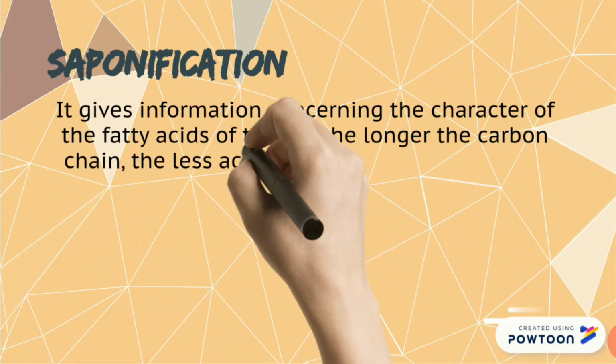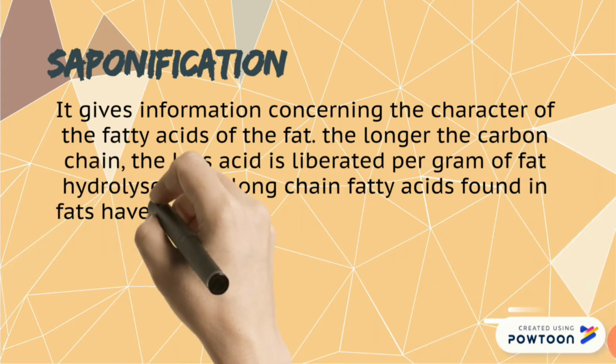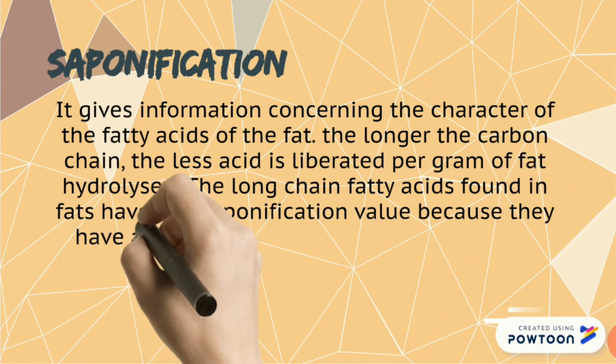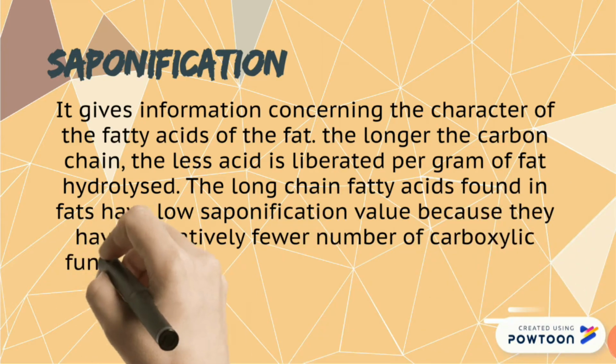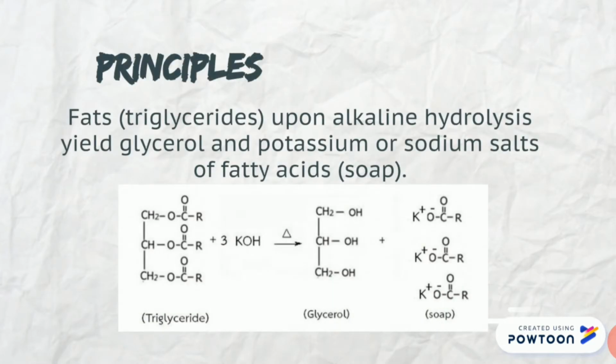The longer the carbon chain, the less acid is liberated per gram of fat hydrolyzed. The long-chain fatty acids found in fats have low saponification value because they have fewer COOH groups and therefore high molecular weight. The principle of it was that fats upon alkali hydrolysis yield glycerol and soap.